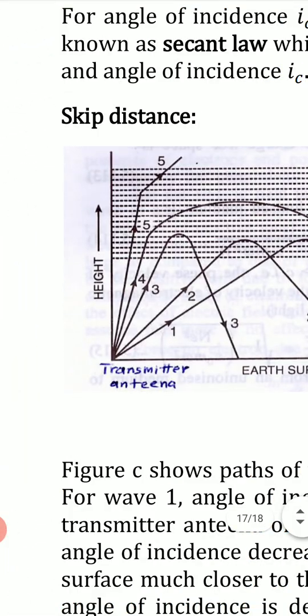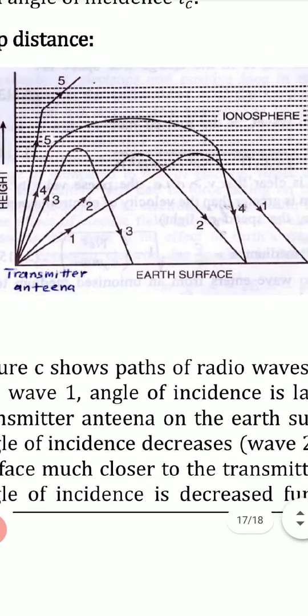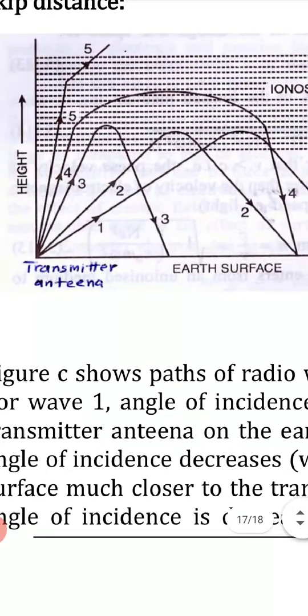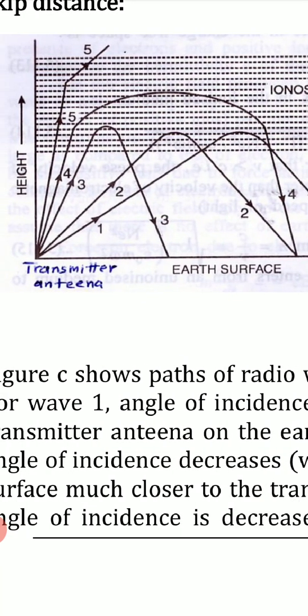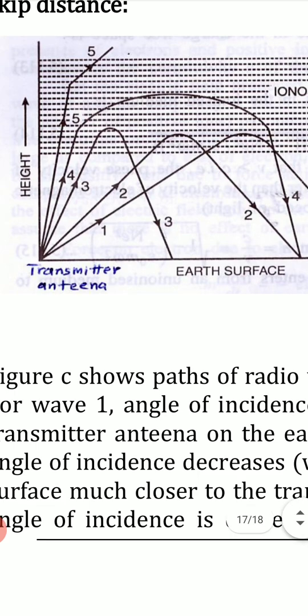Now we will see what is the skip distance. In this diagram, we have shown a point where transmitter antenna is put. Transmitter antenna will emit radio waves.